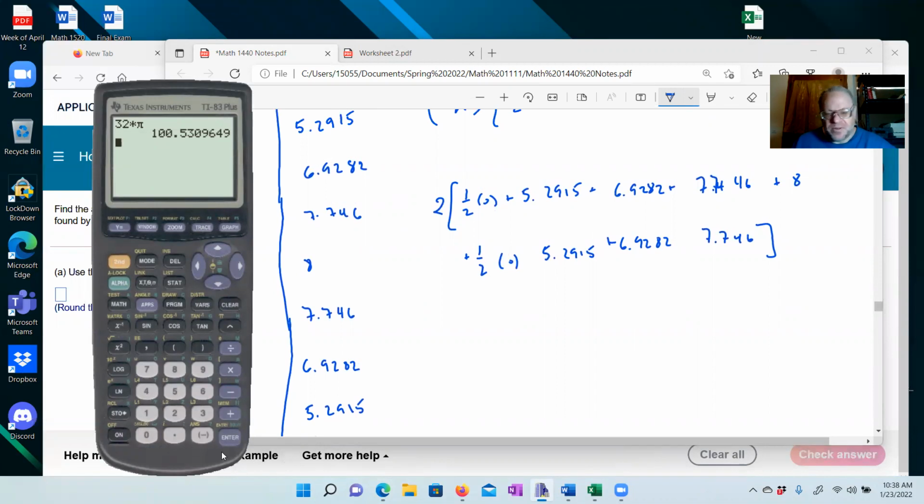All right, so we don't have to type in the 0, right? So we just have 5.2915 plus, you can see that if you managed a spreadsheet, this may have been a little bit better, which is fine. 7.746 plus 8 plus, and I really could have made this a little bit better because notice there's two of these, two of these, two of these, and then one of those, and I could have added them up that way instead.